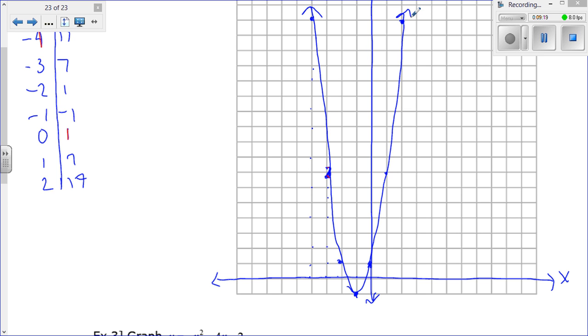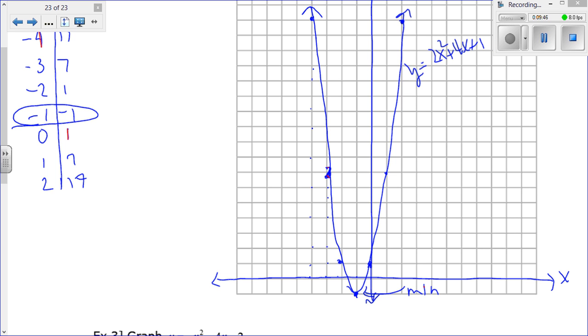Don't forget to label your graph as y equals 2x squared plus 4x plus 1. And this time, my vertex is a minimum again because it's down at the bottom. If I look at my chart, my minimum is right here because my y values do not repeat.